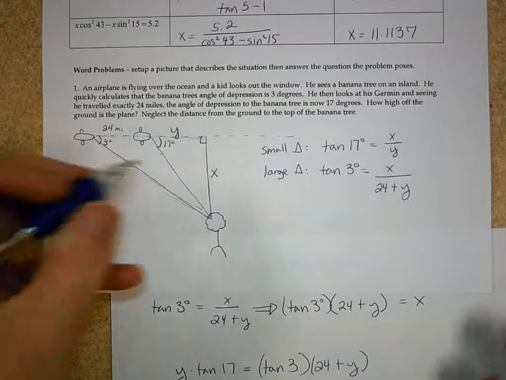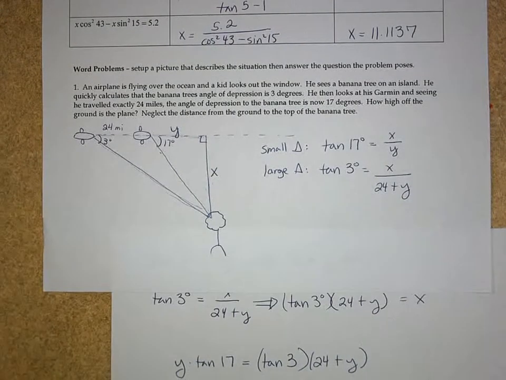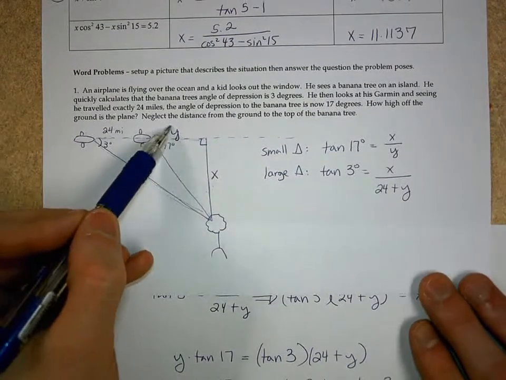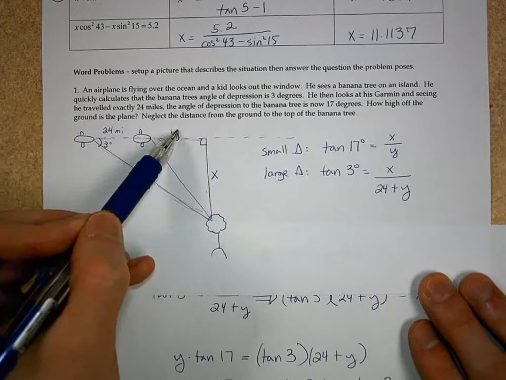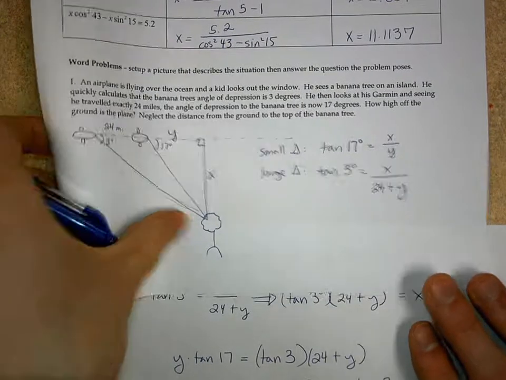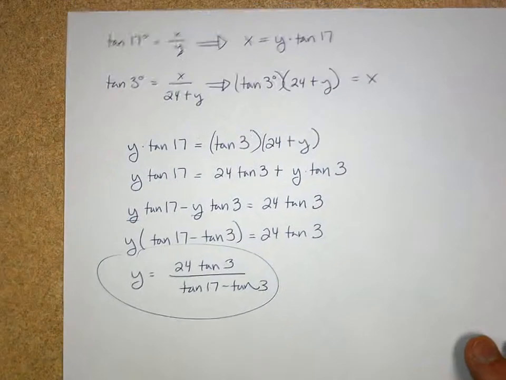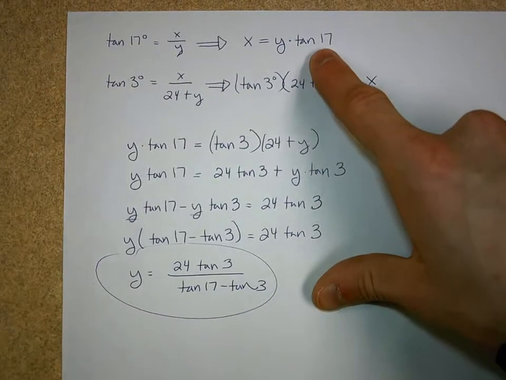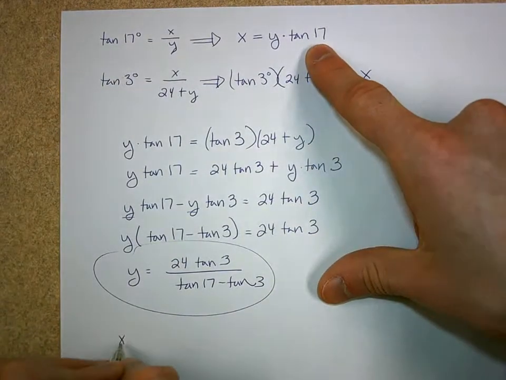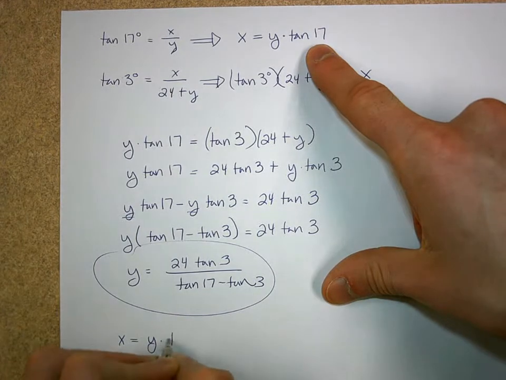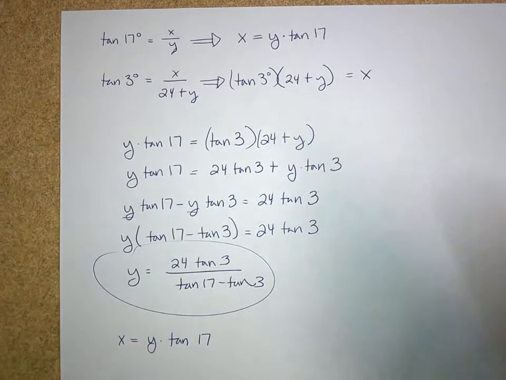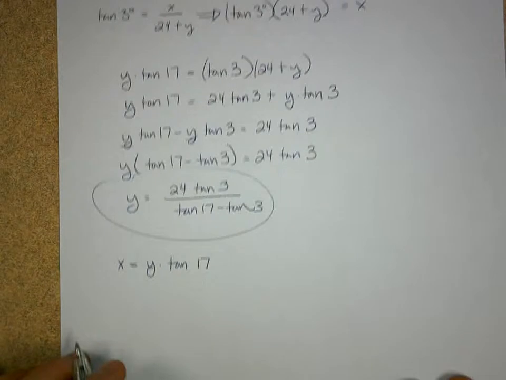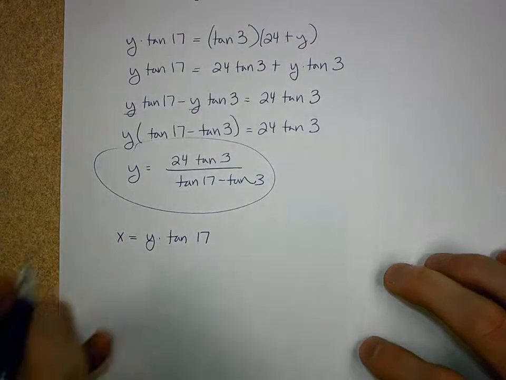If I pull back my original problem, though, my goal is to find the height. So what I've done right now is I found this distance right here. I need to now solve for the height. And I can do that really easily by using my original equation up here. I know that x is equal to y times the tangent of 17. And I just found here that y is this quantity.